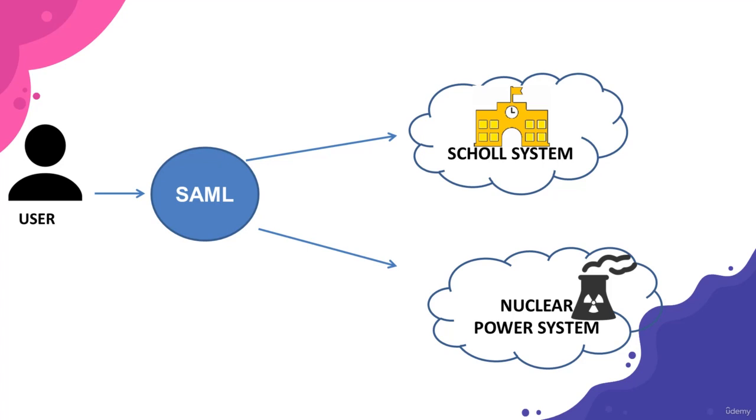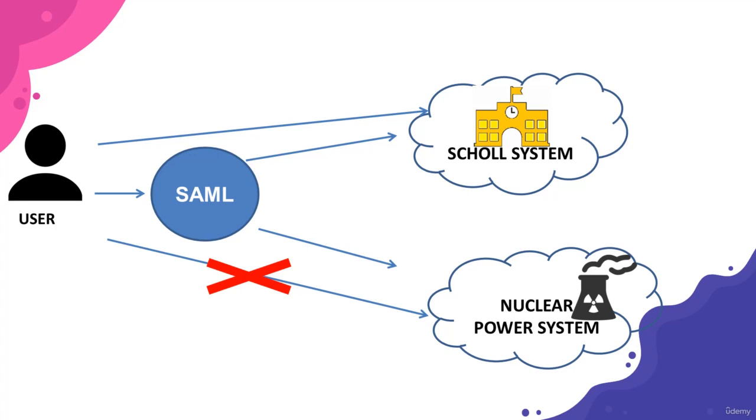Authorization is completely separate. However, many federation SSO systems, including SAML, have the ability to transfer authorization data between their systems. So in other words, it is possible to use SAML for single sign-on authentication and authorization.